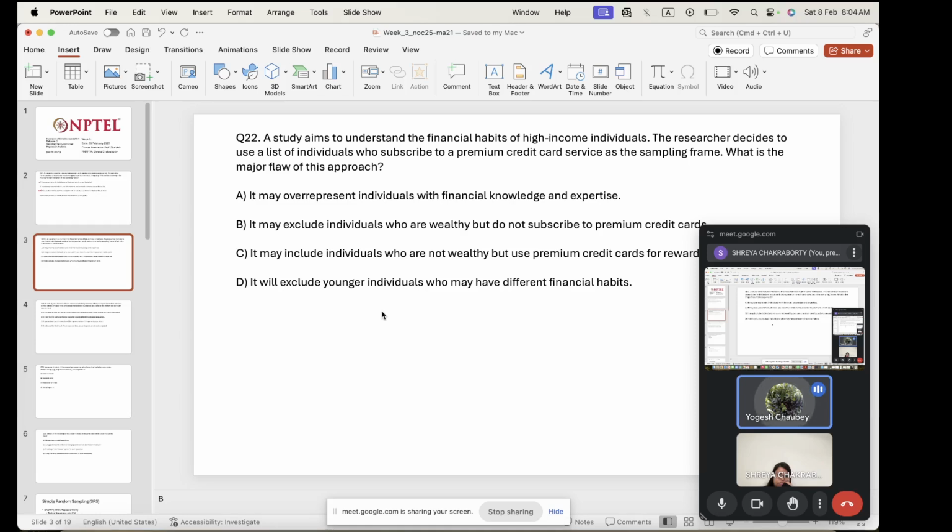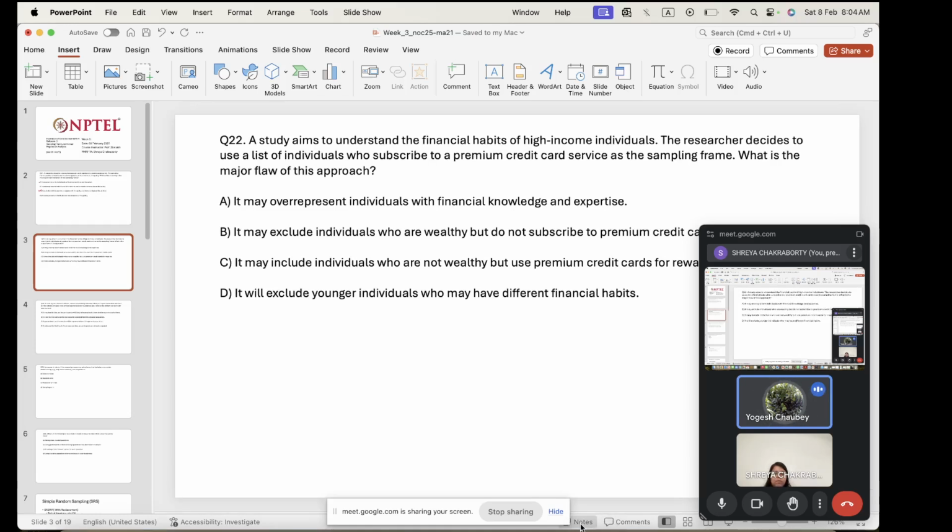A study aims to understand the financial habits of high income individuals. The researcher decides to use a list of individuals who subscribe to a credit card service as a sampling frame. It may include individuals who are not wealthy but use premium cards.